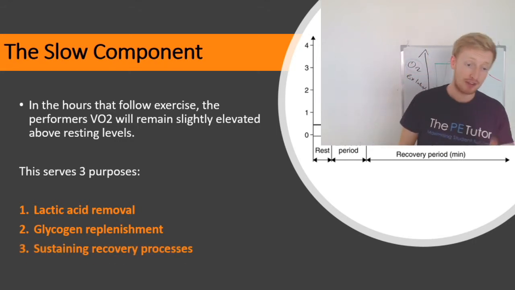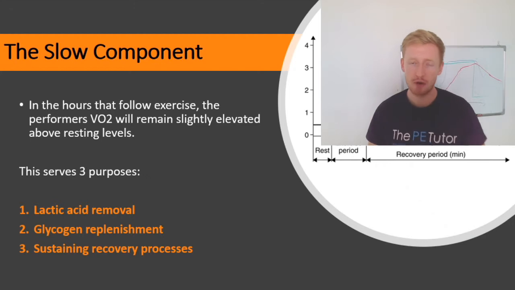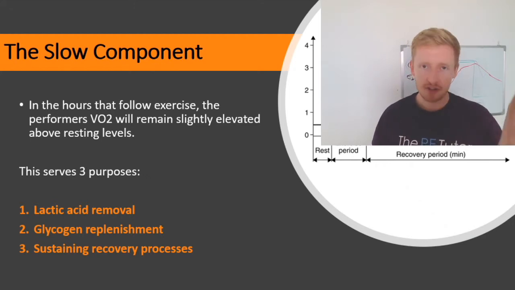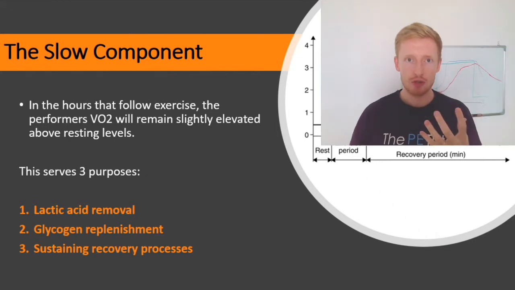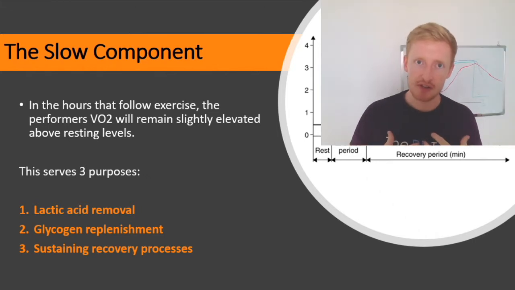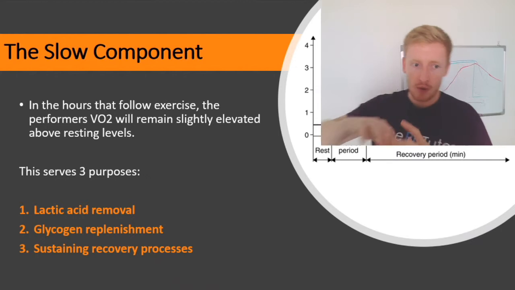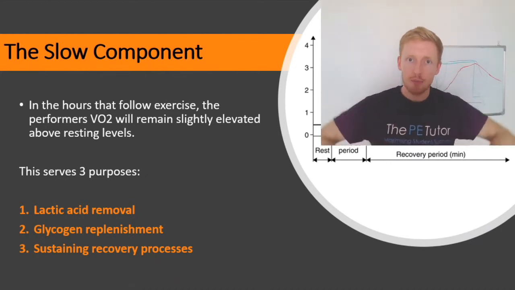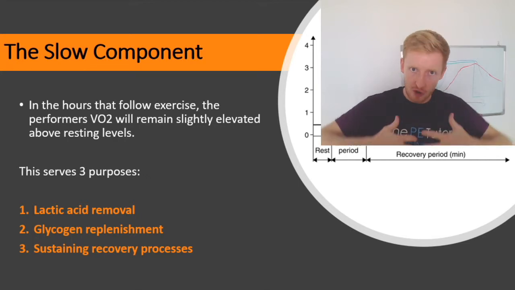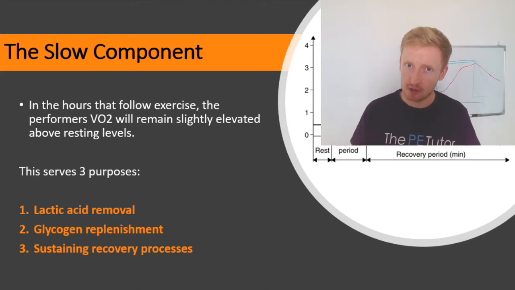And then, obviously, sustaining the recovery process. Everything I've just described there, lactic acid removal, glycogen consumption, think about our digestive system. If we are keeping our oxygen elevated, we're breathing more rapidly and deeper, so our respiratory system and respiratory muscles are going to be working.